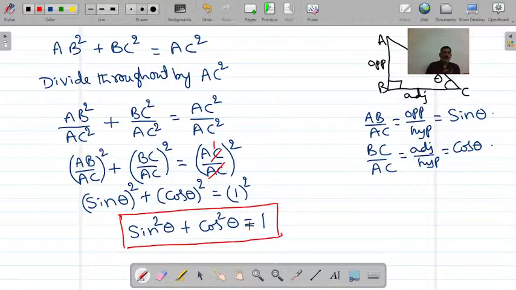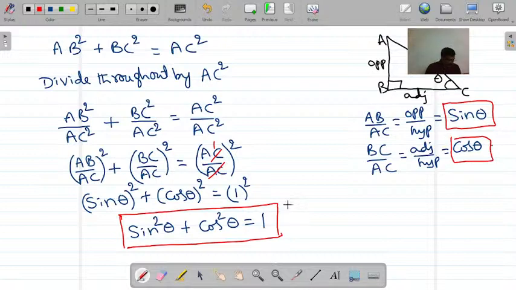I am getting AB by AC whole square. But as per the ratios, AB by AC means it is opposite by hypotenuse and we know that opposite by hypotenuse is sine theta. So here I can write sine theta. Likewise, BC by AC is adjacent by hypotenuse and we know that it is cos theta. So that's how we get the first trigonometric identity.